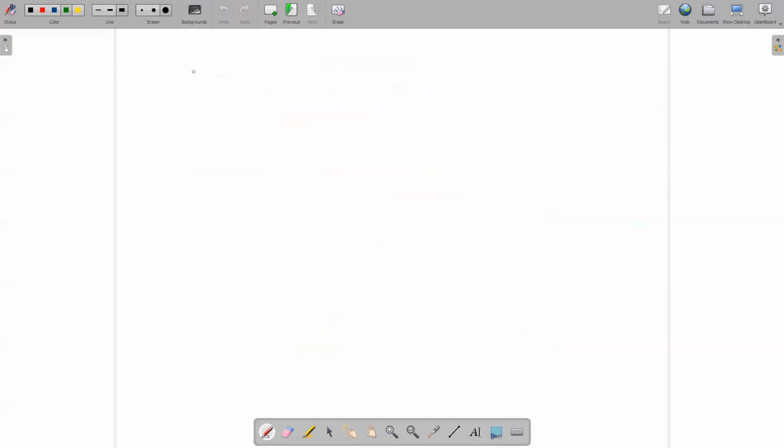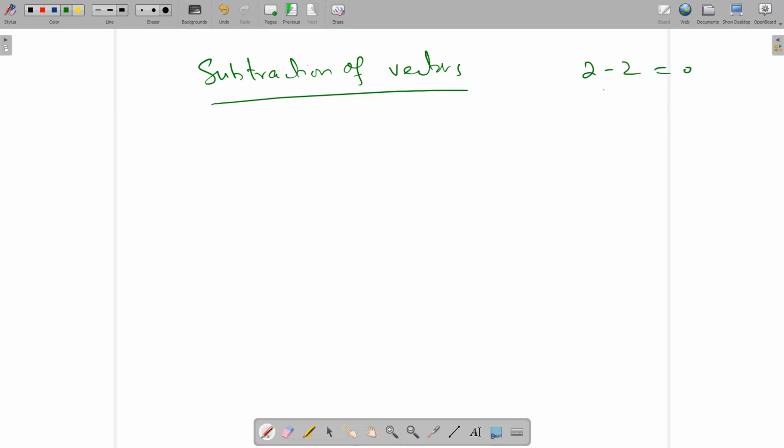Okay. After this, another concept is the subtraction of vectors. Last time I explained the addition and now the subtraction of vectors. Normally in scalars, we subtract like this one. Four minus 2 is equal to 2. So here what will we do?